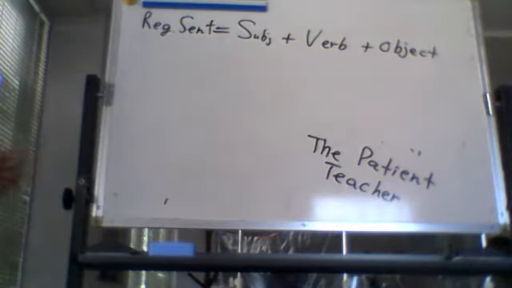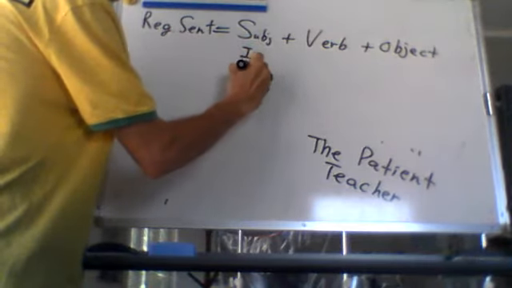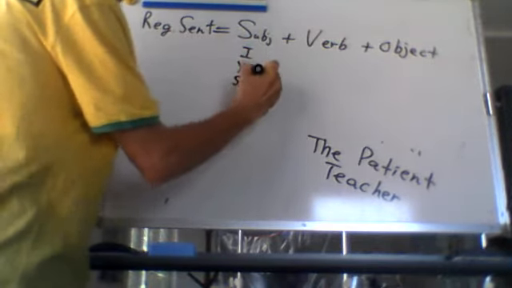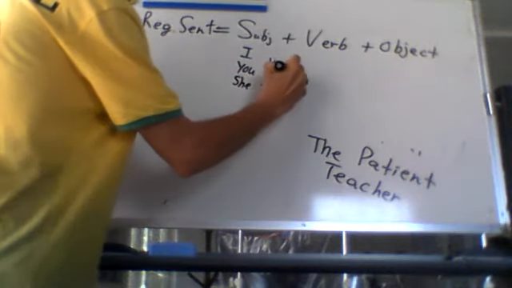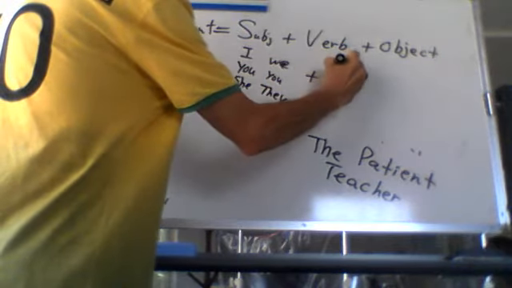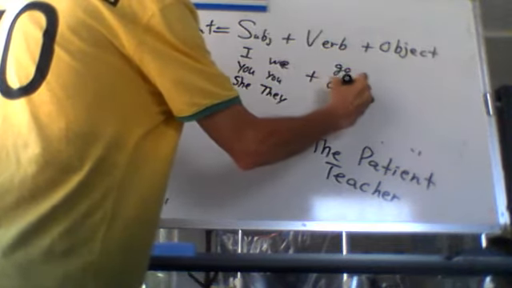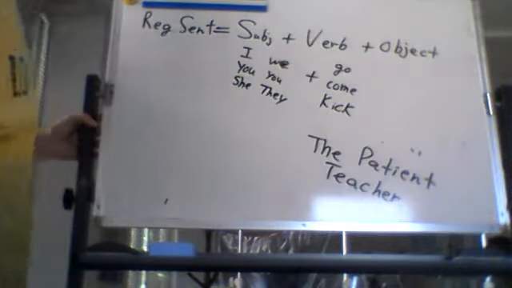Right? So if you remember the subjects, I, you, or she, and of course we, you, and they. Right? And then you would have your verb, like go, or come, or kick, and you would have your object.